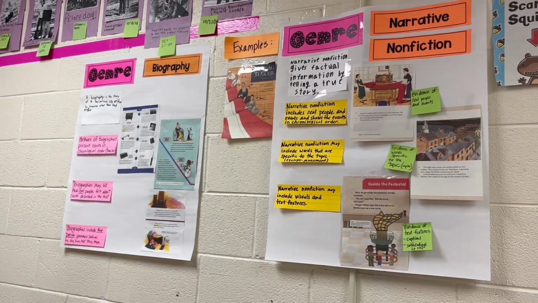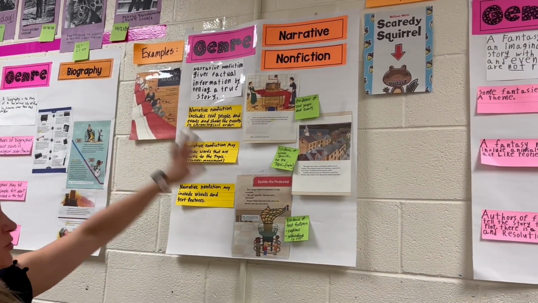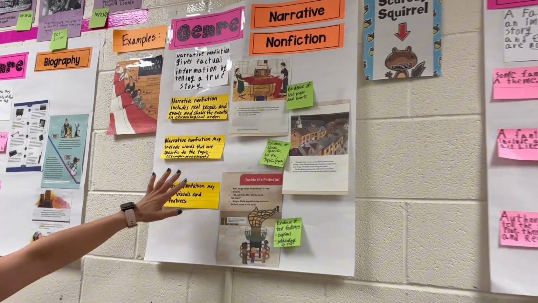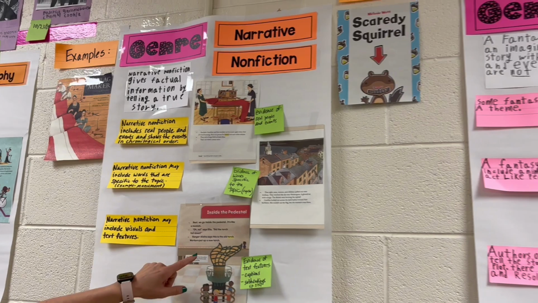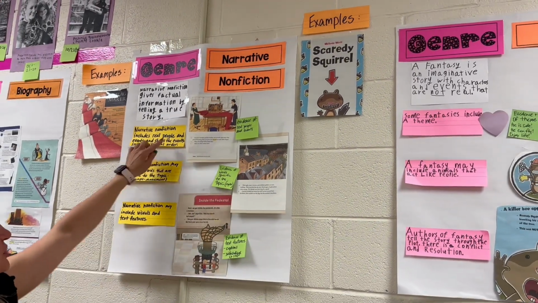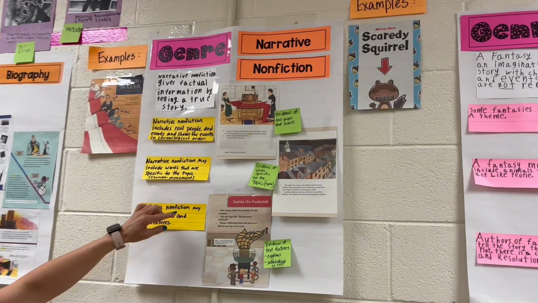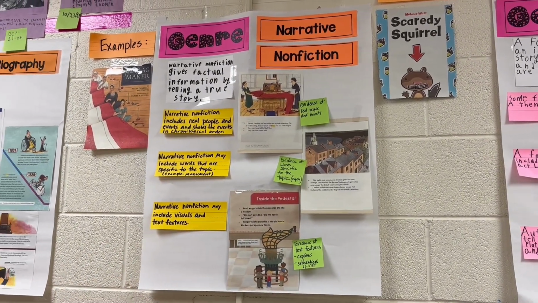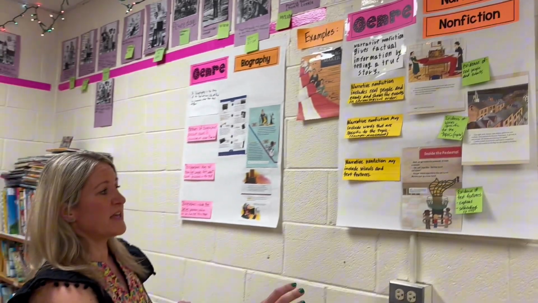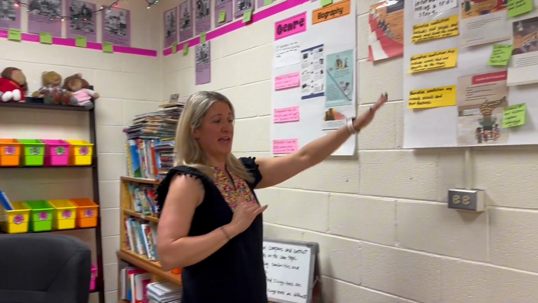So when we are, for example, introducing narrative nonfiction, we will create the anchor chart together, and I will have students literally cut out evidence of what the characteristics of the genre look like. So this is our anchor chart that we do together, but then they work in small groups so that they are also replicating what we did together on the anchor chart.